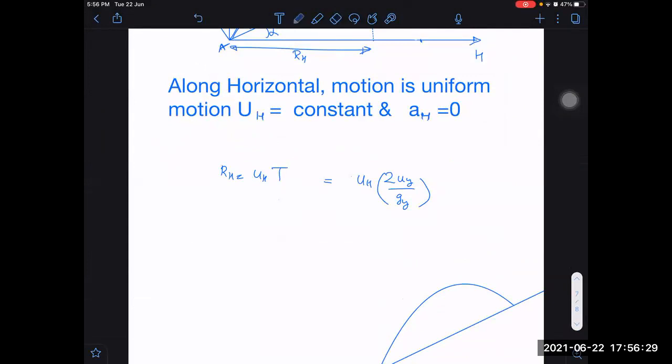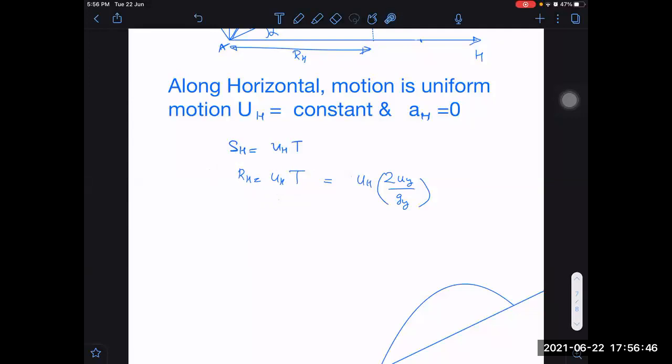Also, displacement along horizontal will then become just U along horizontal into time of flight. But what is the displacement along horizontal? I have written that as range along horizontal RH. So RH can be written as UH into T.